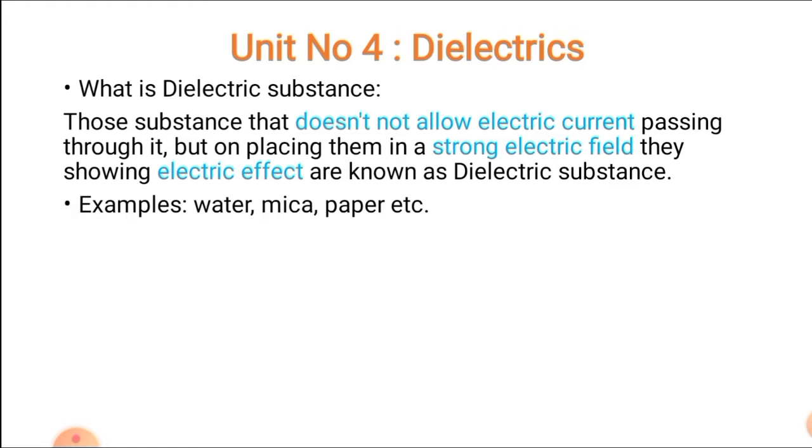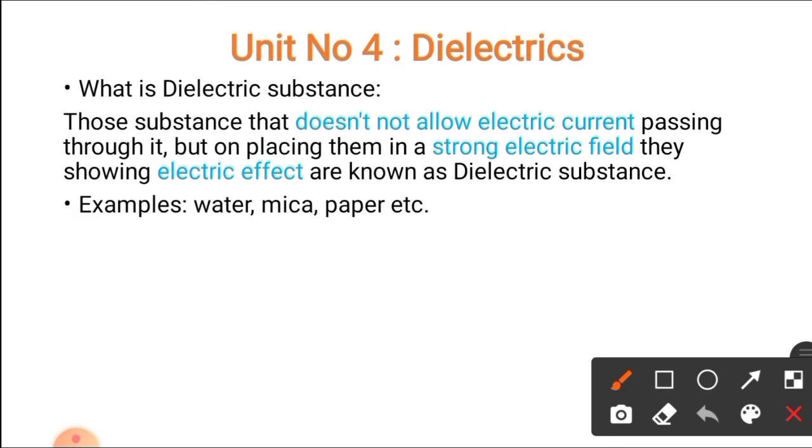Now we will see the atomic structure of metals and the atomic structure of dielectric material, so you will understand the difference between metals and dielectric material. Any atom consists of three main things. First, the proton, having positive charge; the neutron, for which there is no charge; and the electron, having negative charge.